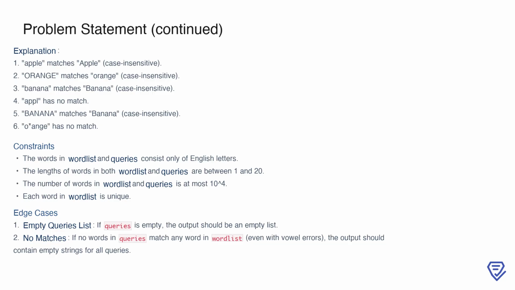For APPL, there is no exact or case-insensitive match, nor does it yield a valid match through vowel error transformation, so an empty string is returned. For banana, a case-insensitive match with banana is found, so banana is returned. Lastly, O**ange does not match any word in the word list under any rule, so an empty string is returned. This example highlights the importance of correctly handling case-insensitive and vowel error transformations to ensure accurate results.